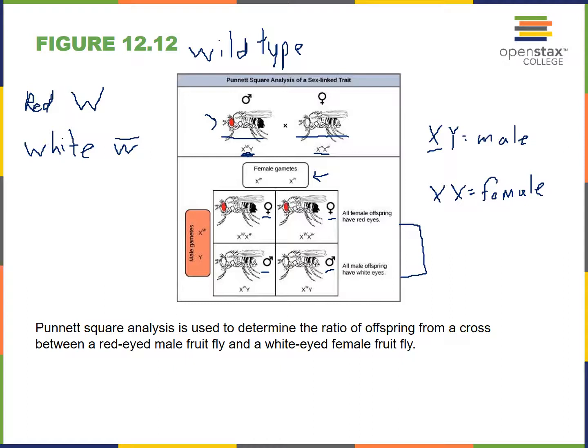So his possible gametes are X capital W or Y. If you do the cross, his X with the big W goes to the females. And they only need one big W to get red eyes.